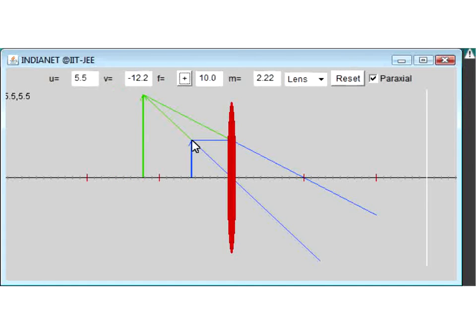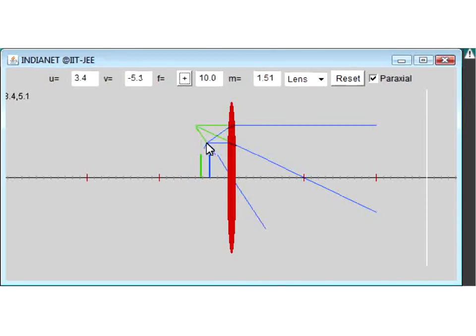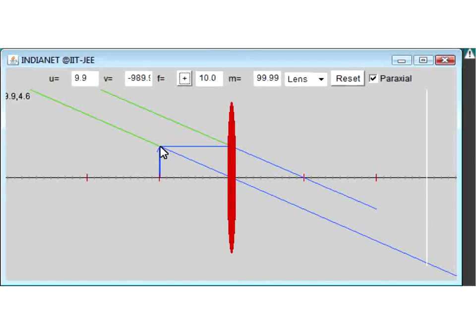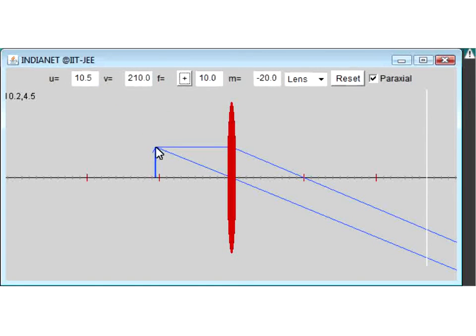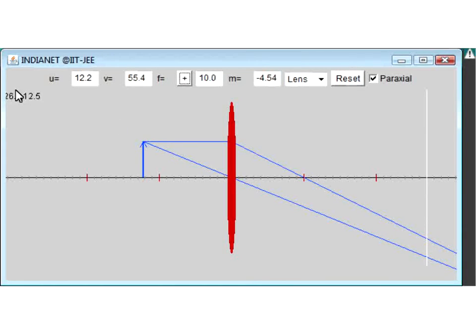It is big, upright, virtual. That's the case in this interval, pole to F. The moment you cross F, suddenly upright becomes inverted. I hope it's clear.